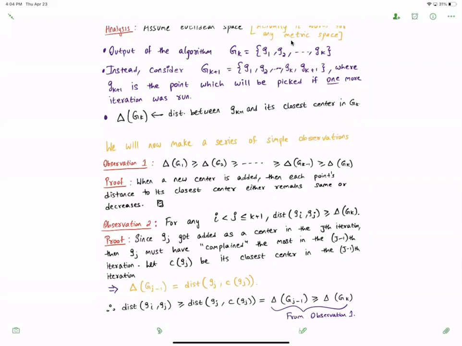In some later iteration, the jth iteration, G_j was picked. And now we want to look at the distance between these two. And the claim is it will be at least delta of G_k, which we have already defined here in black.